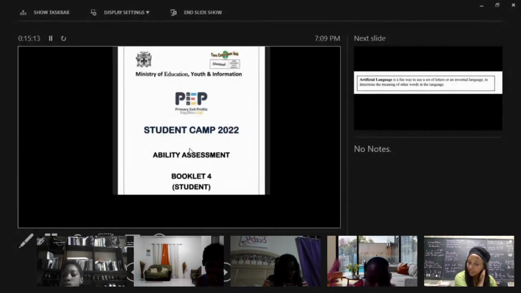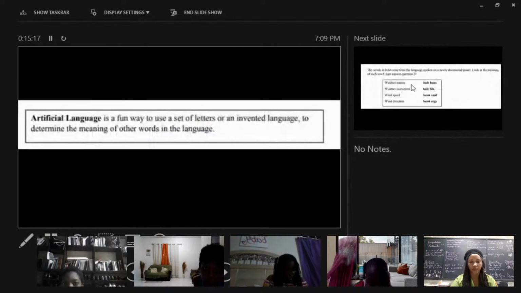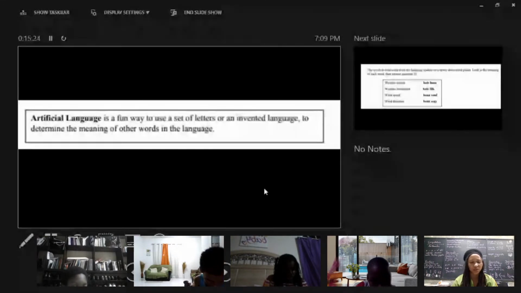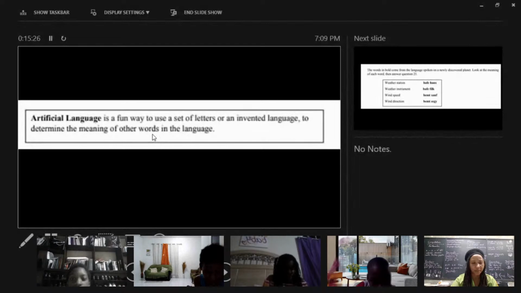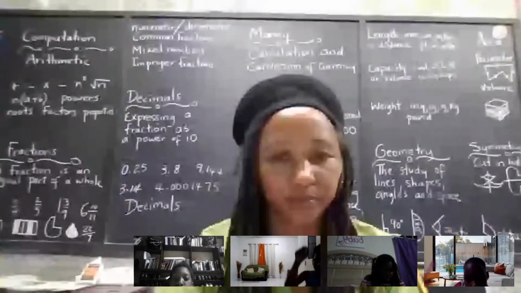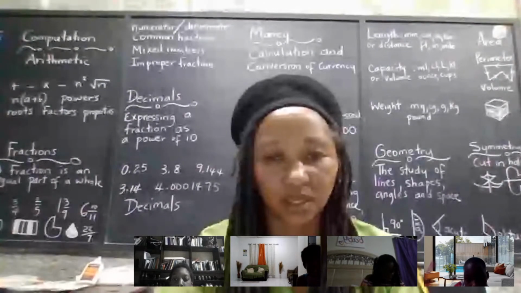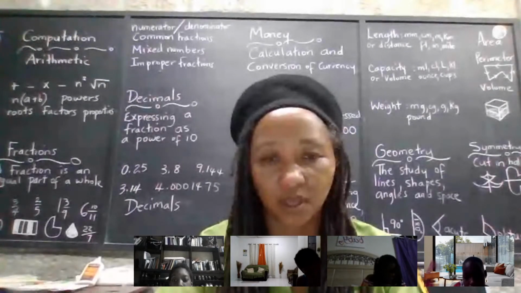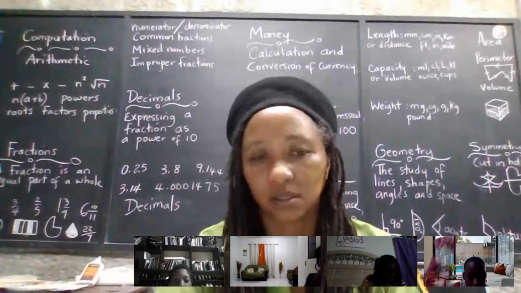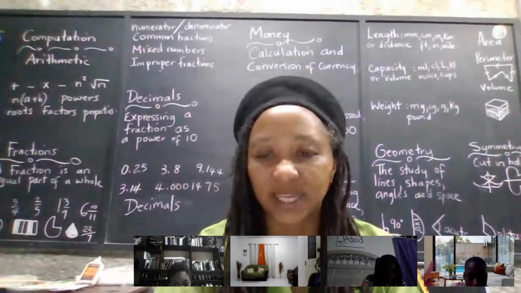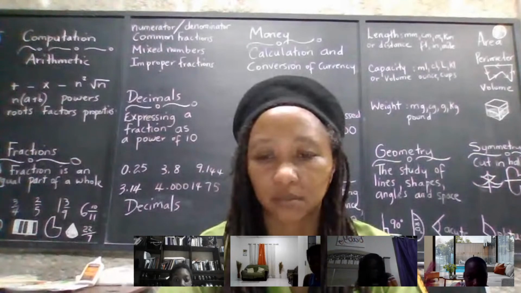Student Camp 2022 Ability Assessment Booklet 4. I don't know why the screen looks so blurry. Let me check something. Yes, it looks the same way. Are you guys seeing it properly? No, it's also blurry for me.